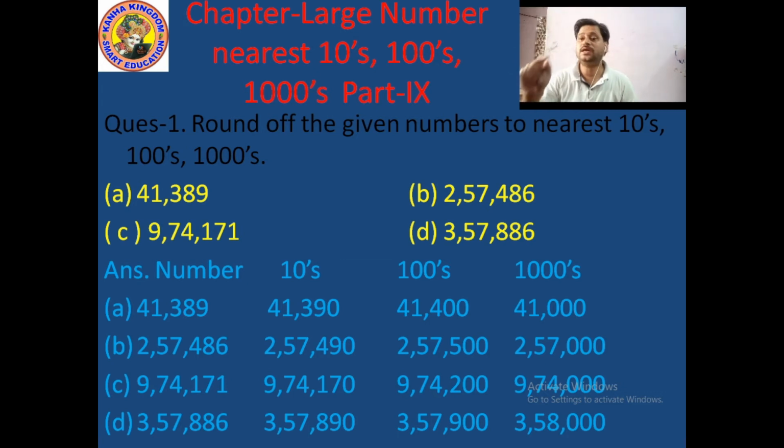So the actual answer of this question is 41,390. Clear? Very good.